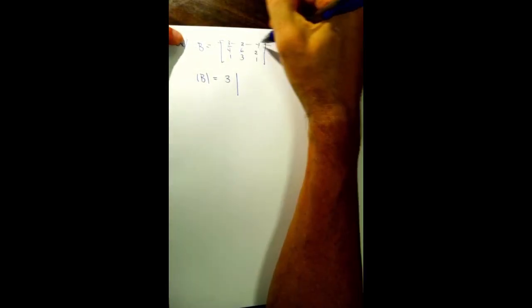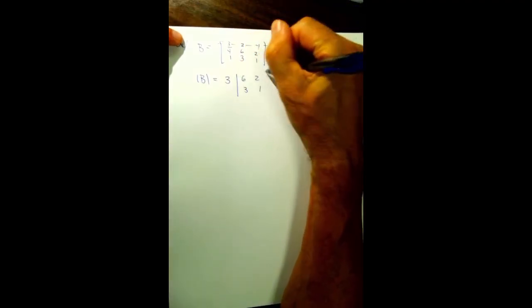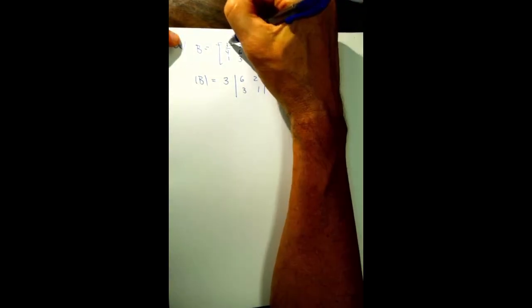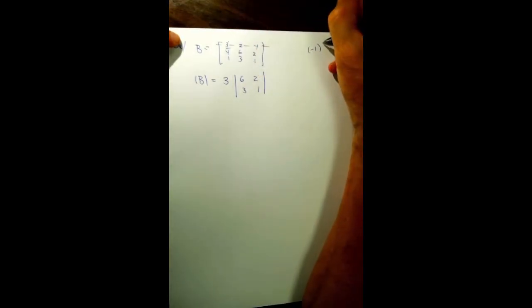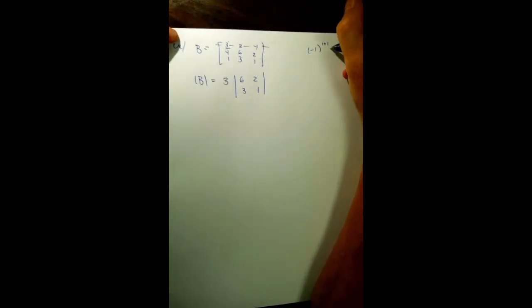So the first entry is 3 times the determinant. If I remove that top row and that first column, I'm left with 6, 2, 3, 1. Now notice this is row 1, column 1. So minus 1 raised to the 1 plus 1 is going to be minus 1 squared, which is 1.